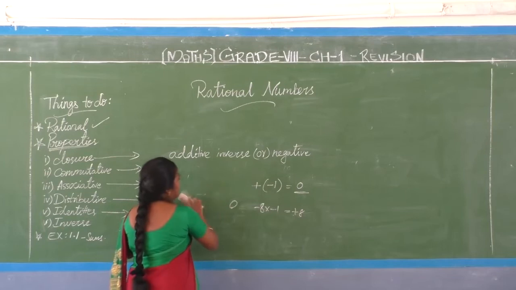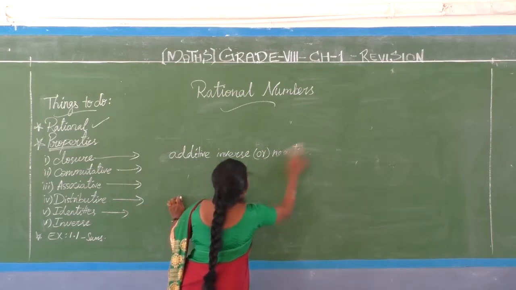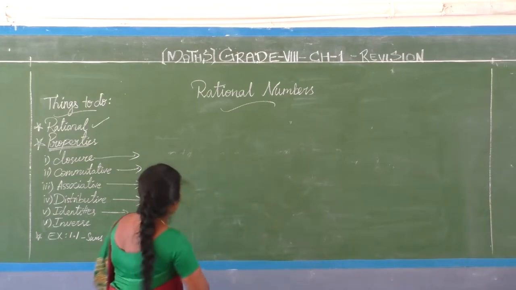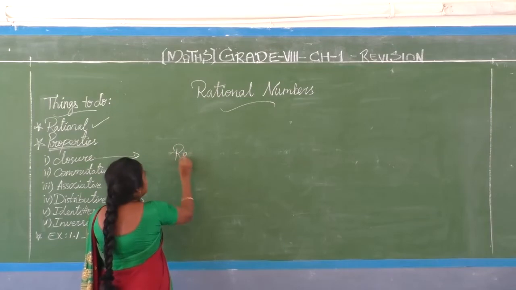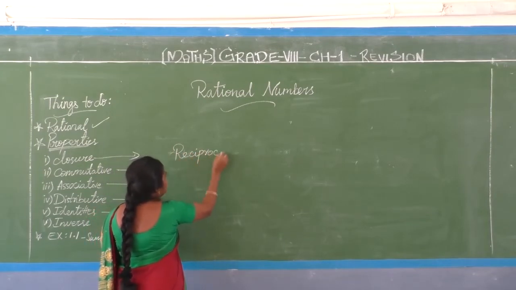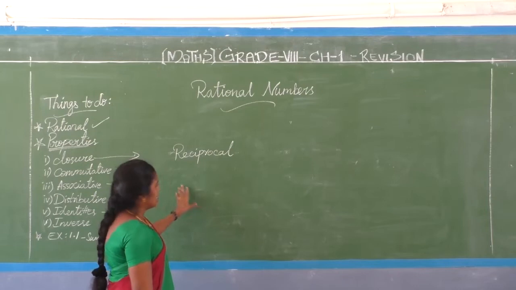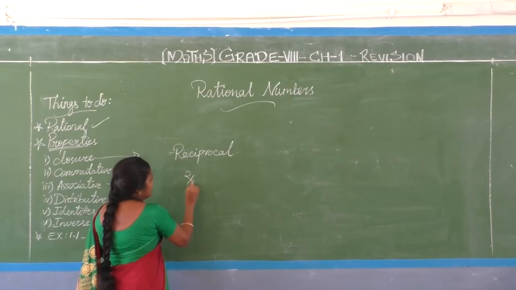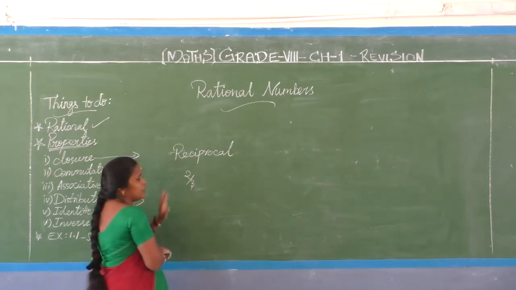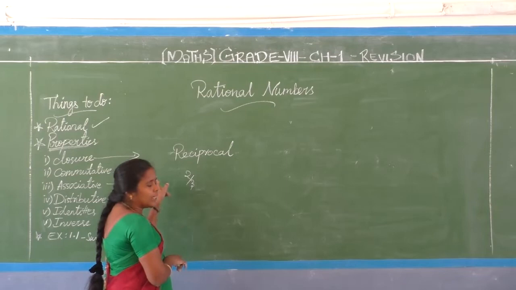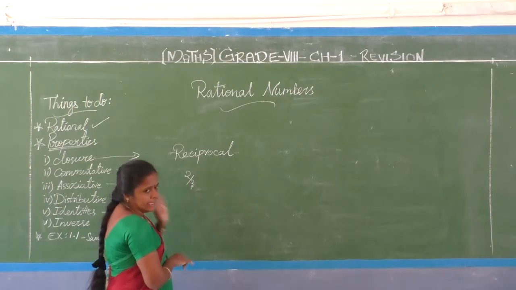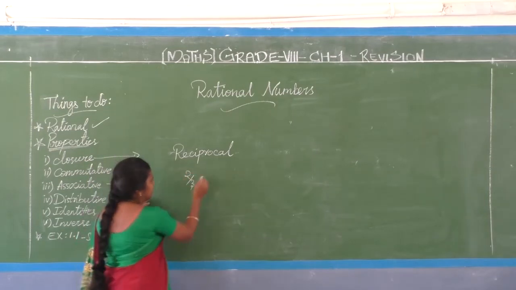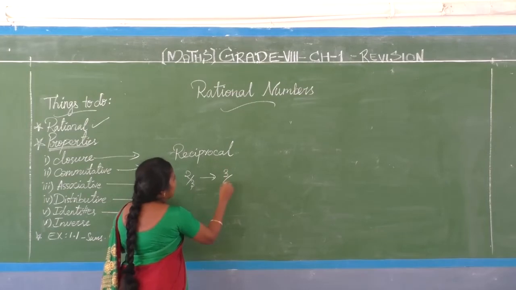Likewise, multiplicative inverse. Multiplicative inverse is the reciprocal, a familiar word. For example, 2 by 3 is a rational number. What is its reciprocal? Here we don't need to change the sign; only in the additive inverse case do we change the sign. Here we interchange the numerator and denominator of the fraction. So the reciprocal is 3 by 2.